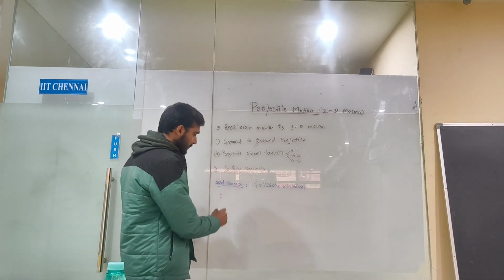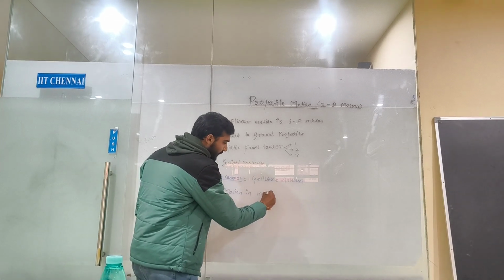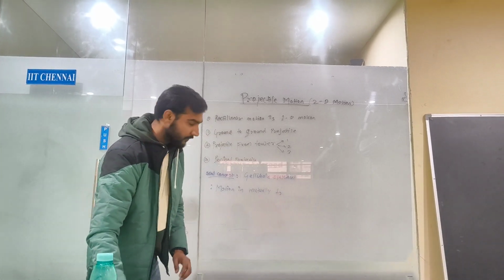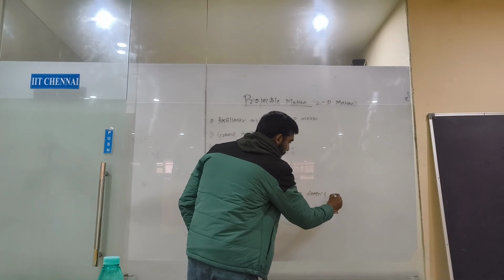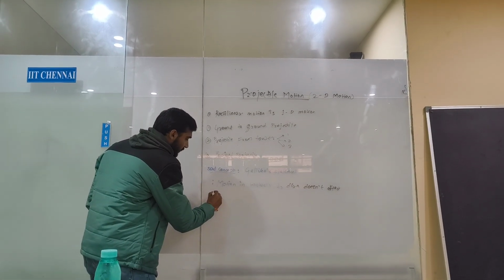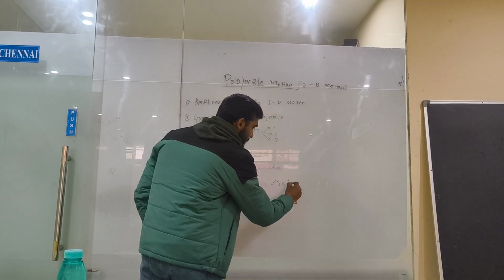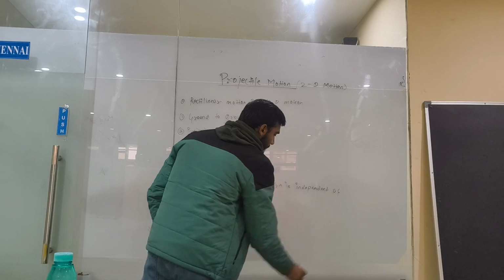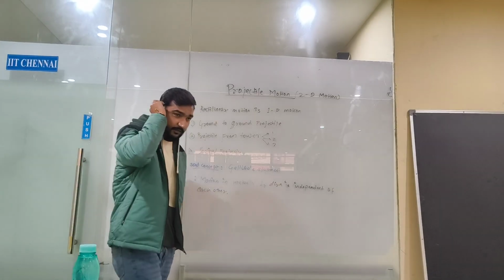What Galileo has said is: motion in mutually perpendicular directions doesn't affect each other, or we can say that mutually perpendicular directions are independent of each other. Okay.